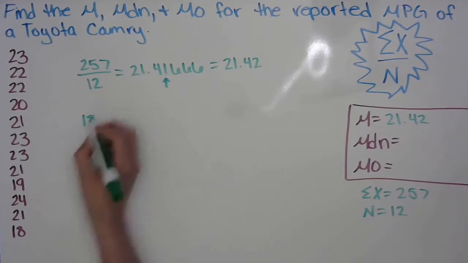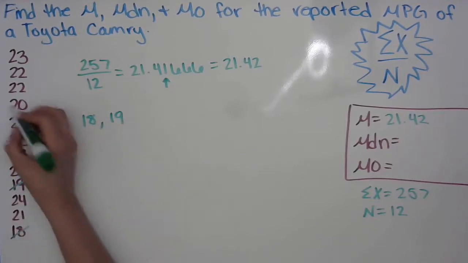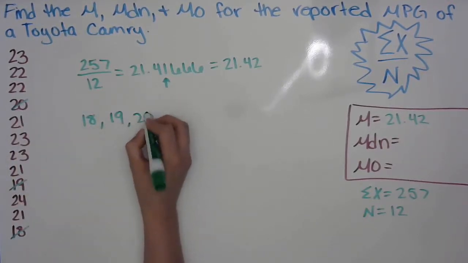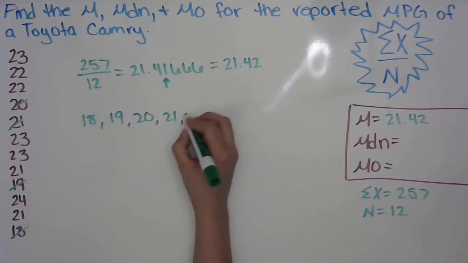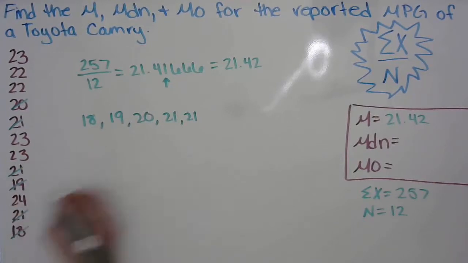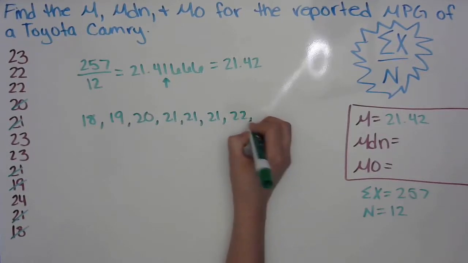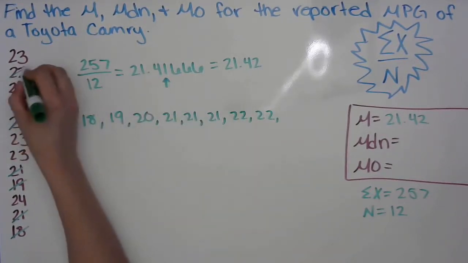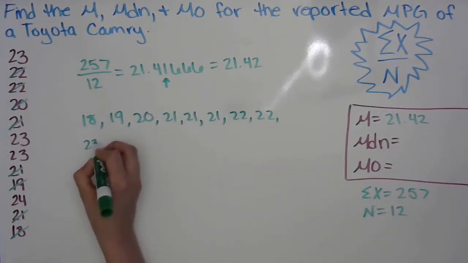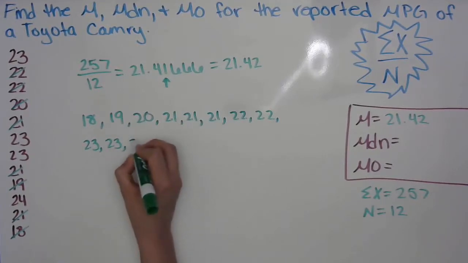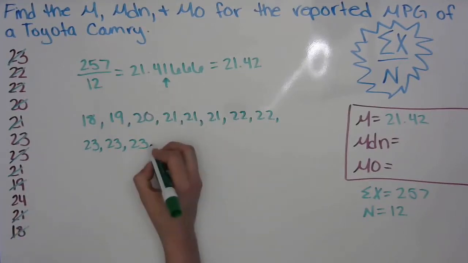So we have 18, we have 19, 20, we have 21, we have another 21, we have another 21, we have 2 22s, we have 1, 2, 3 23s, and then we have 24.